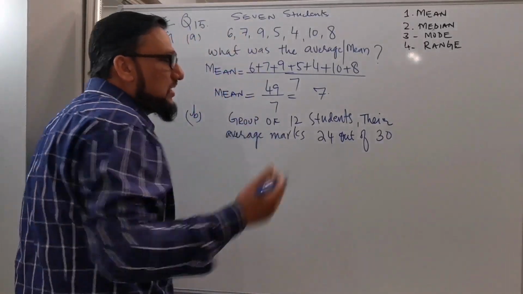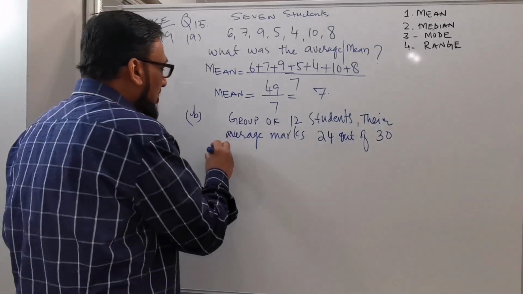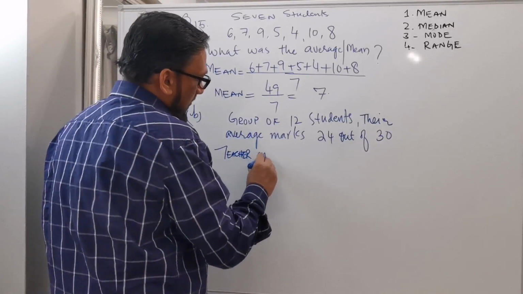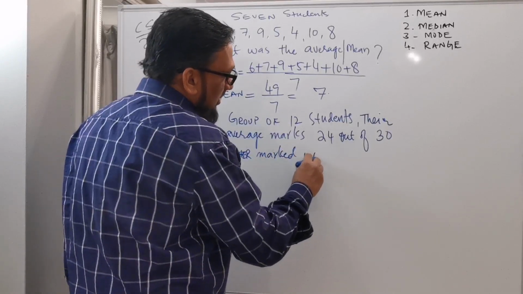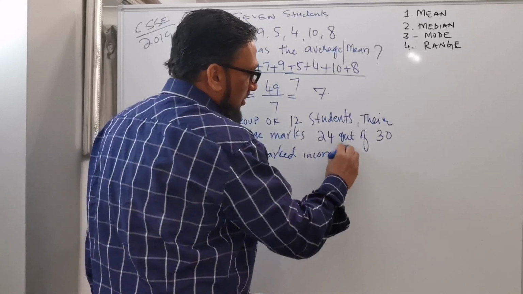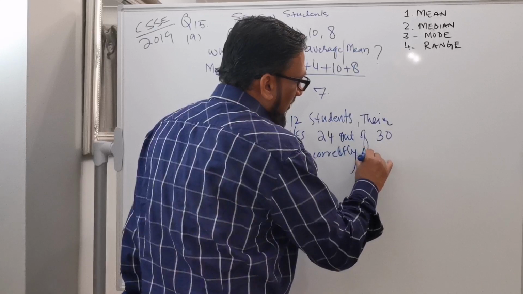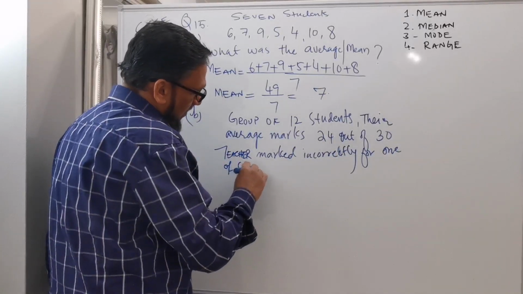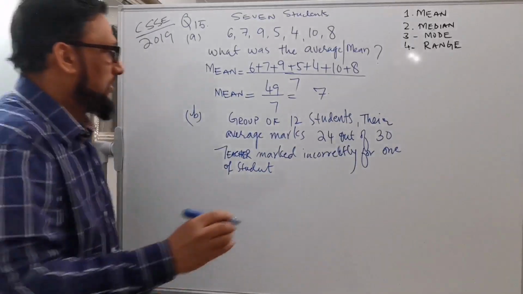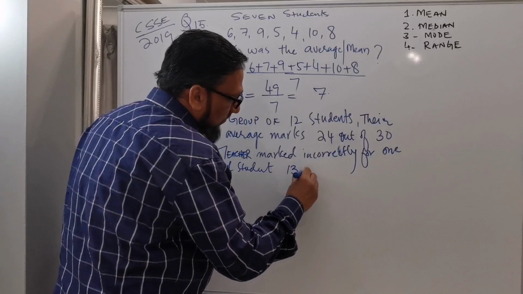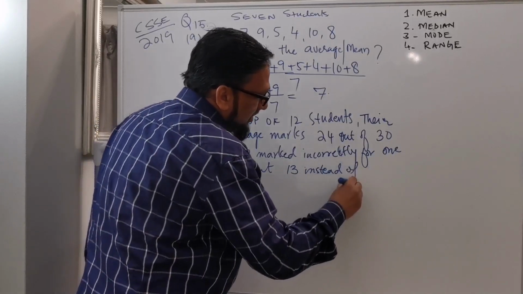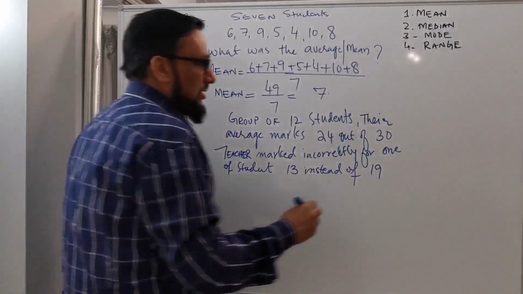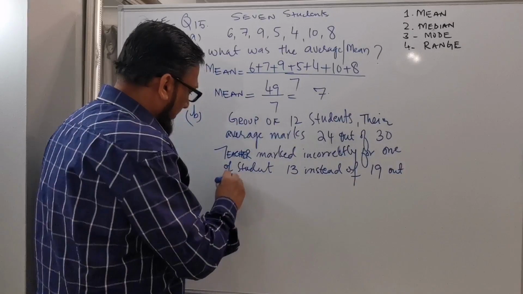But the teacher marked incorrectly for one of the students: 13 instead of 19 out of 30.